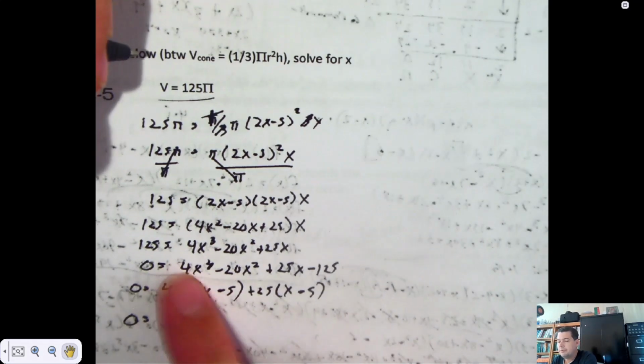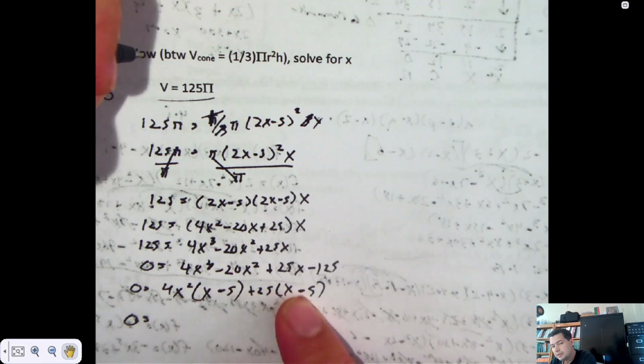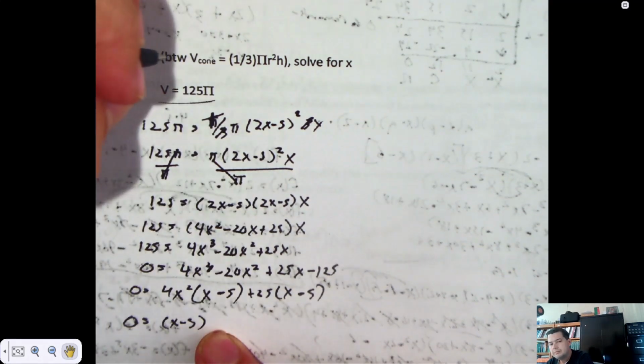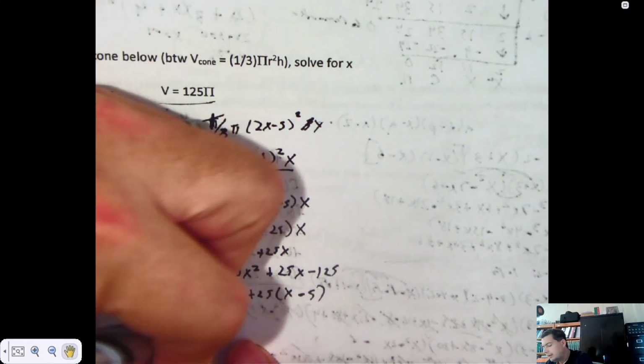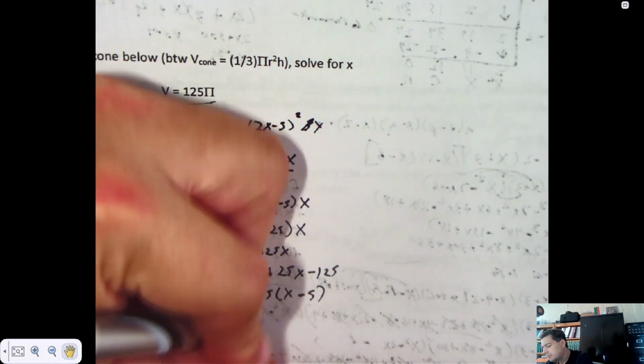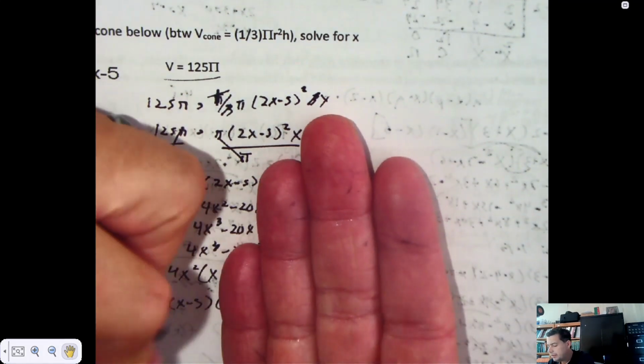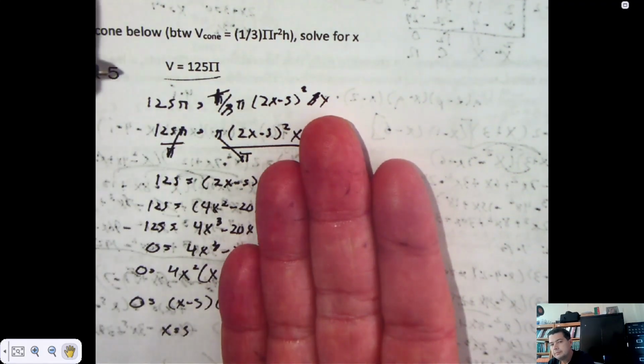I've gone from 4 distinct pieces to 2 distinct pieces. And both of these pieces contain x minus 5. So I factor it out of here. And what's left over is 4x squared plus 25. I use my cover-up technique, and bam, x is 5.